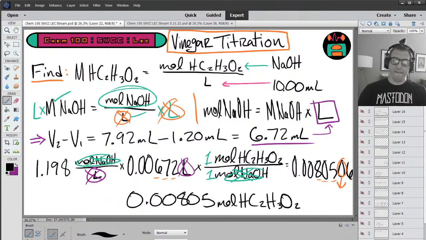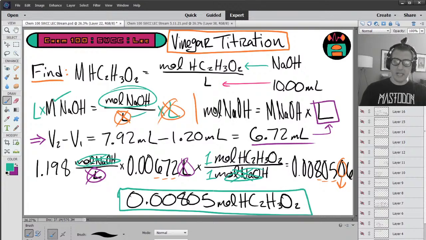Okay. Now, moles of acetic acid is the numerator. We have our denominator.